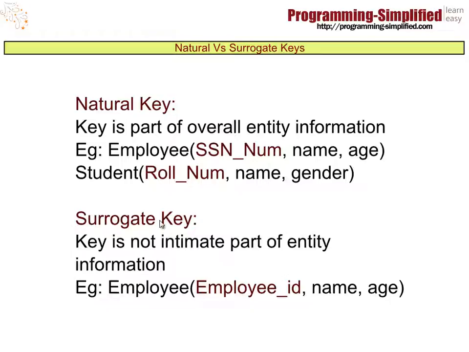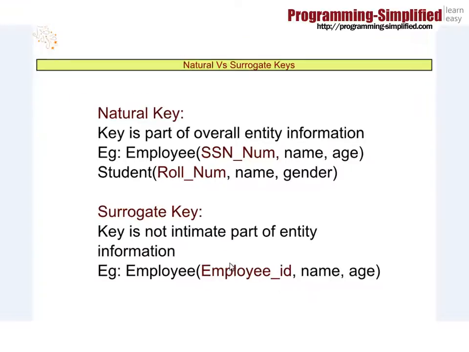Whereas a surrogate key is not an intimate part of entity information. For example, over here, employee ID is not part of the overall employee information. It is just incremented as new rows or tuples are added. Now most databases provide facilities for generating surrogate keys. For example, in MySQL, if you mark this field employee ID as auto increment, then as new rows or records are added, this field is incremented by 1.